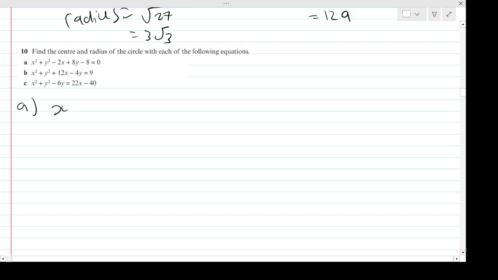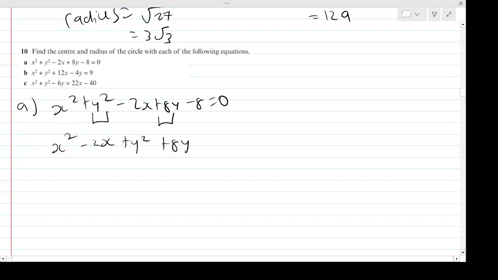So first we have x squared plus y squared minus 2x plus 8y minus 8 is 0. Well, firstly let's group the x terms together. So we have x squared, then a minus 2x. Okay, then we do the y part, so we add y squared, add the 8y. Then we have the minus 8 on the end. Okay, then we're going to complete the square on the x and the y parts because they're both quadratics.